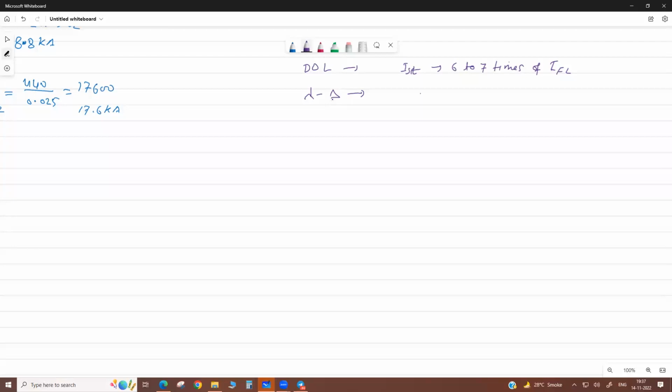But here there is a disadvantage. During this transition period, the motor does not get a voltage, and there is a sudden change. Your voltage is multiplied by √3 times. Then there is a jerk on the motor shaft.